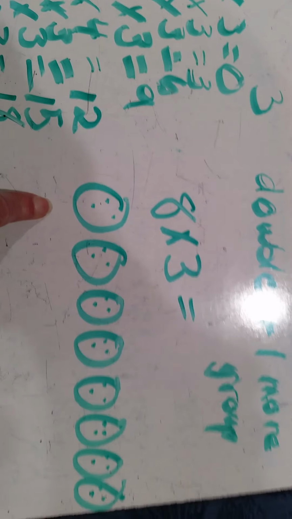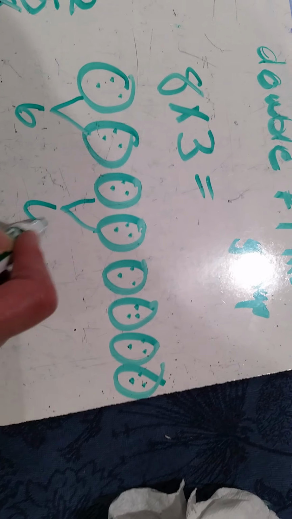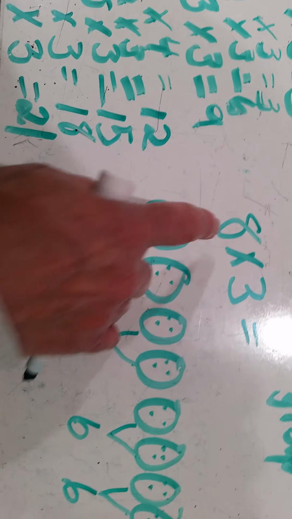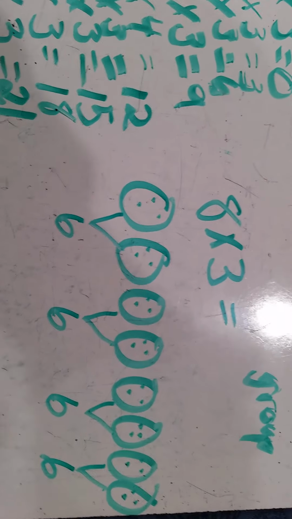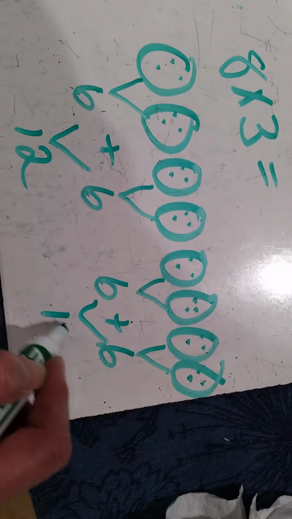Okay, so here we've got 6 plus 6 plus 6 plus 6. Now, when we multiply by 8, we're quadrupling the double. That means we've got 4 groups. 6 plus 6 equals 12. 6 plus 6 equals 12.